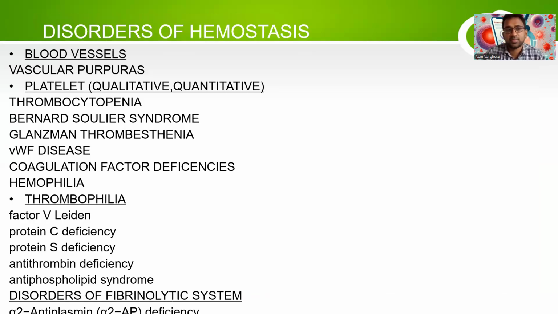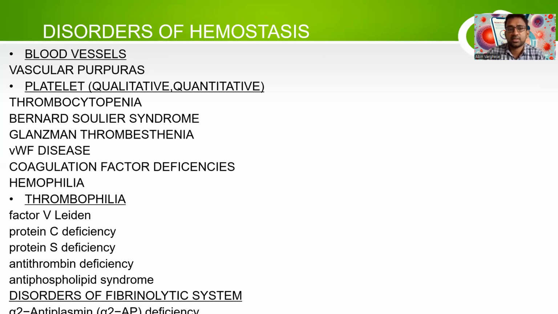And disorders of hemostasis: you have five factors, your blood vessels, your platelets, coagulation factors, thrombophilia, and the inhibitor pathway and fibrinolytic system. You can have vascular purpuras, which can cause disorders of hemostasis.